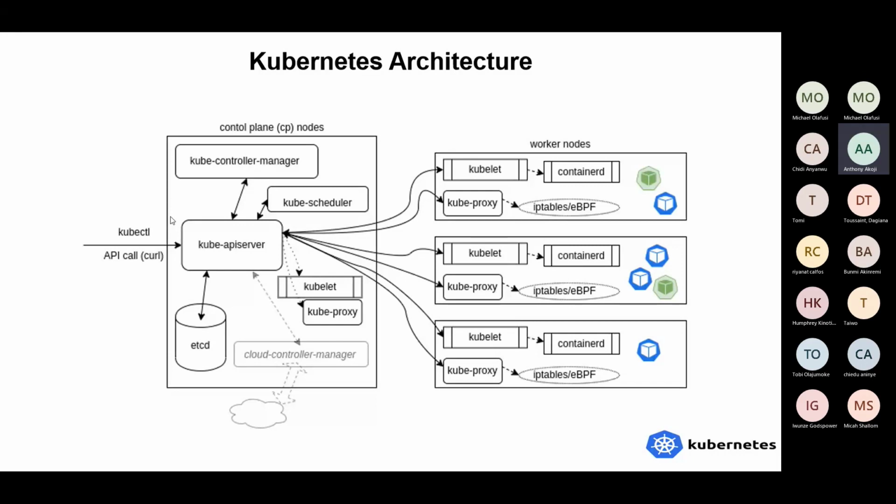Those slaves are what we call worker nodes, and the king is also called either the control plane or the master node. Inside this master node, there are so many components that do so many operations.